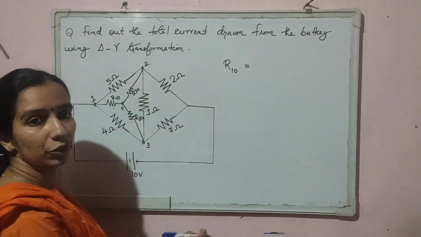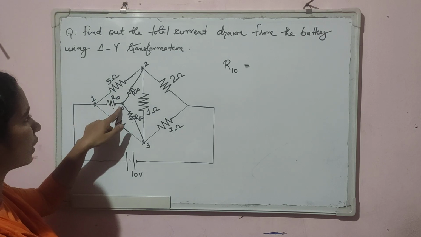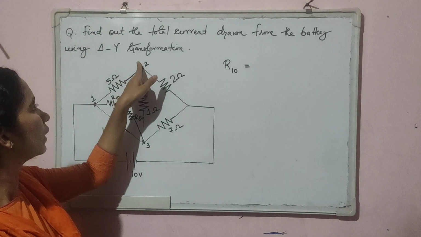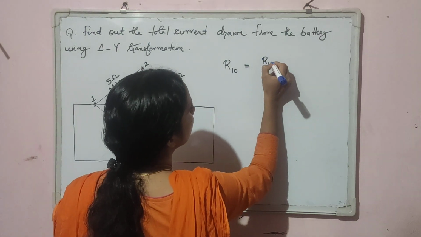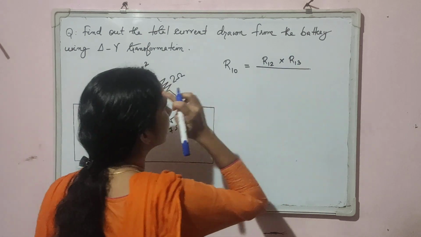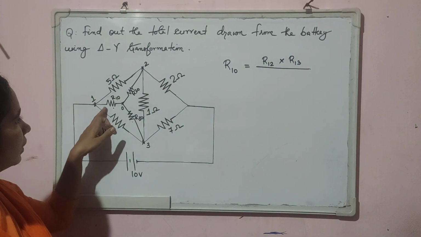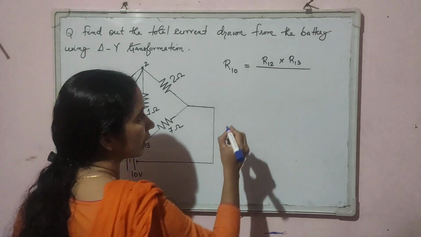Let us write the equation also. R10 is equal to R12 into R13 divided by the sum of all the resistors, R12 plus R23 plus R31.